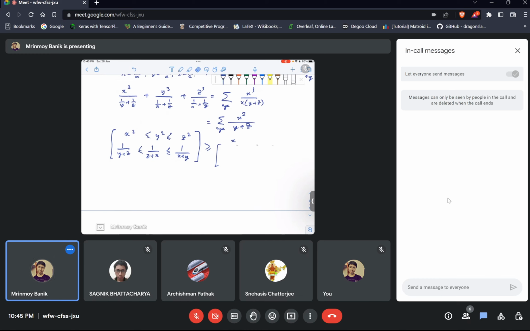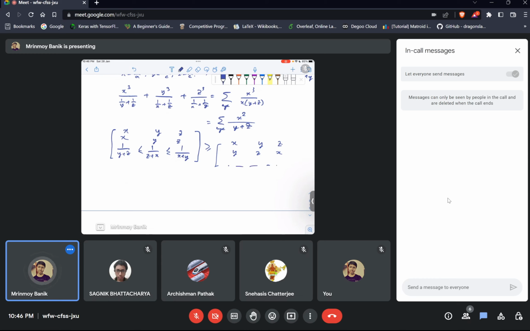Okay, instead of x squared, y squared, z squared, we can take x, y, z and x, y, z. And now in here we can flip the second row. So x, y, z, y, z, x.